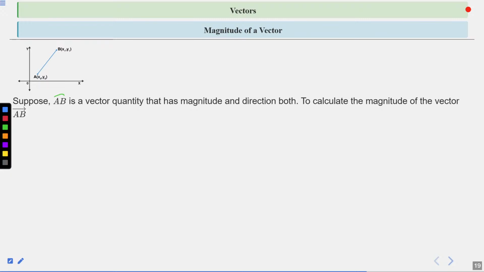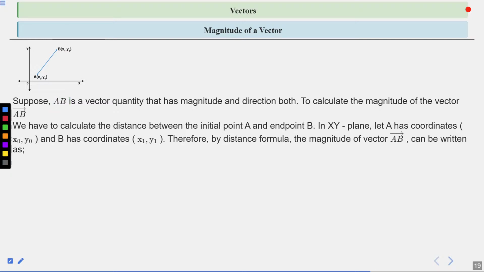Suppose AB is a vector and we have to find its magnitude. To calculate the magnitude of vector AB, firstly we calculate the distance between the initial point A and the end point B. We can calculate the distance using the distance formula.